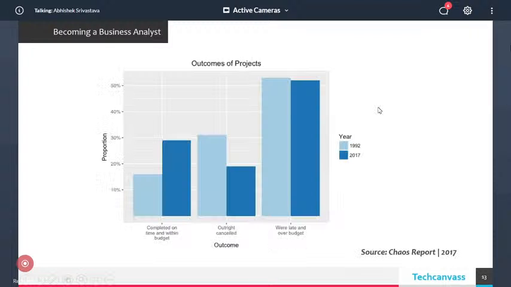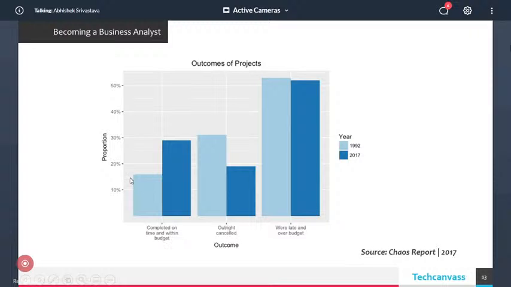And then they looked at the data. So when you look at the data of software projects success from 1992 to 2017, 25 years, two bar charts. In 1992, the projects which were completed on time and within budget were around 16%.